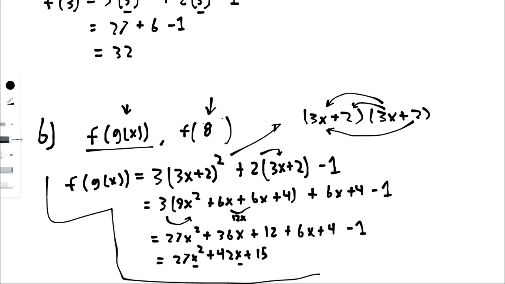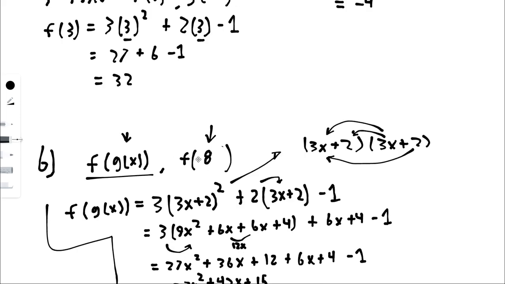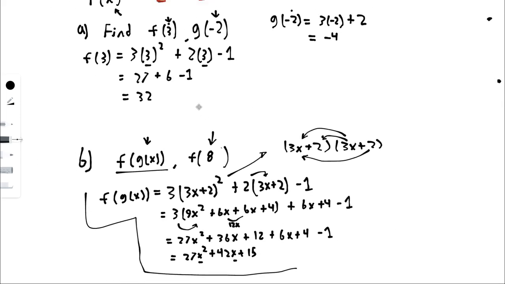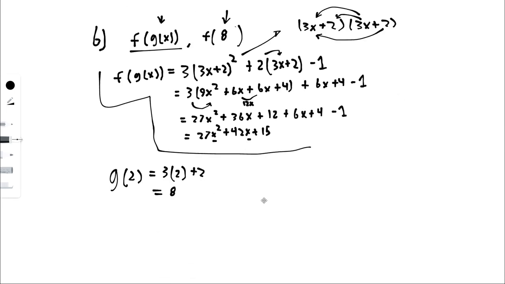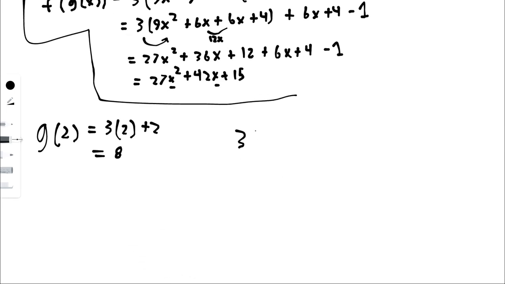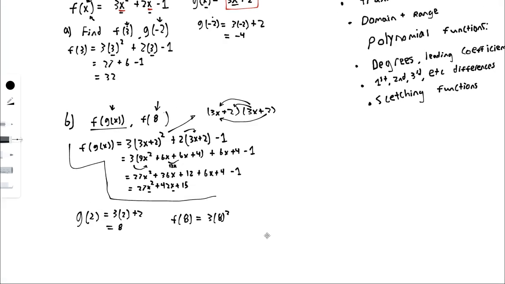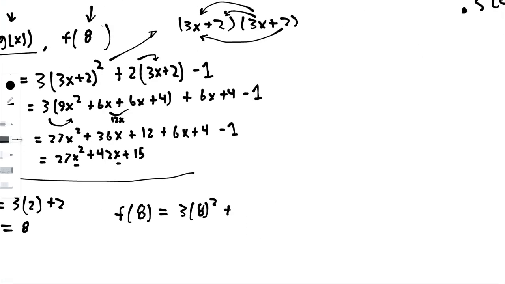So we can replace f of g of 2 with just f of 8. If we go back up here, we're just going to replace all the x values here with 8 now. So f of 8 equals 3 times 8 squared plus 2 times 8 minus 1.